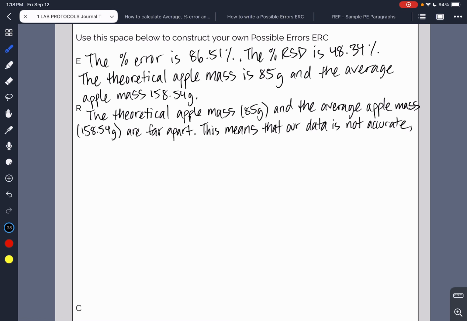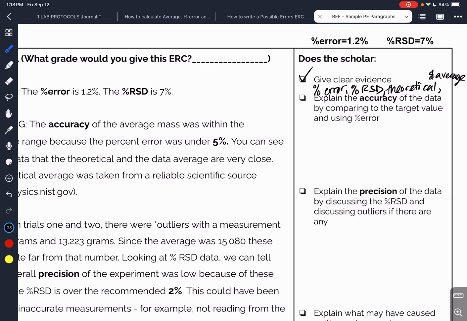And then we can say our percent error is above 5%. So by writing this out, we successfully explain the accuracy of the data by comparing to the target value, which is the theoretical. And we also used our percent error to explain why that data is not accurate.